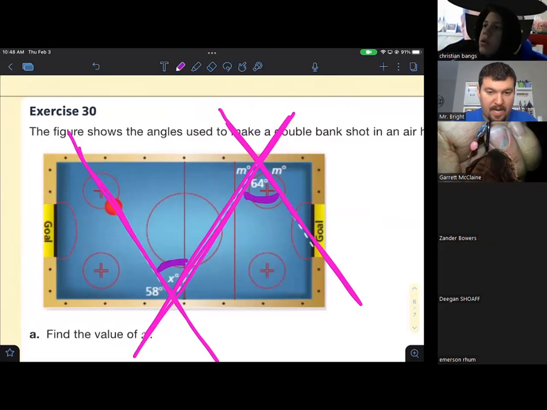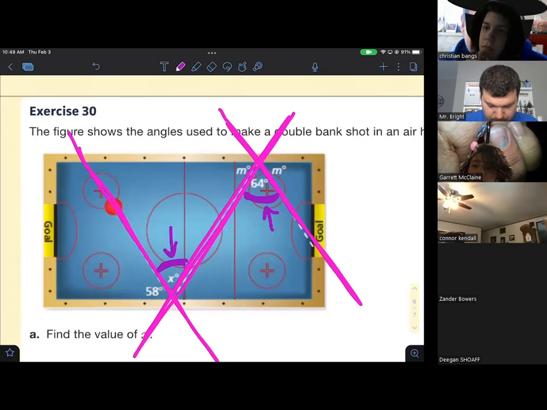Can someone tell me what angle relationship you see? Like, why is the angle X congruent to 64? This is for anybody. Just shout it out when you know. Alternate interior.